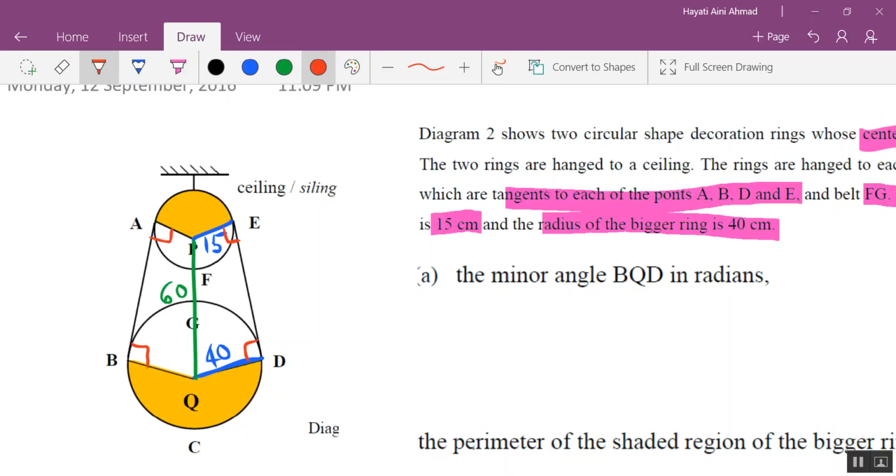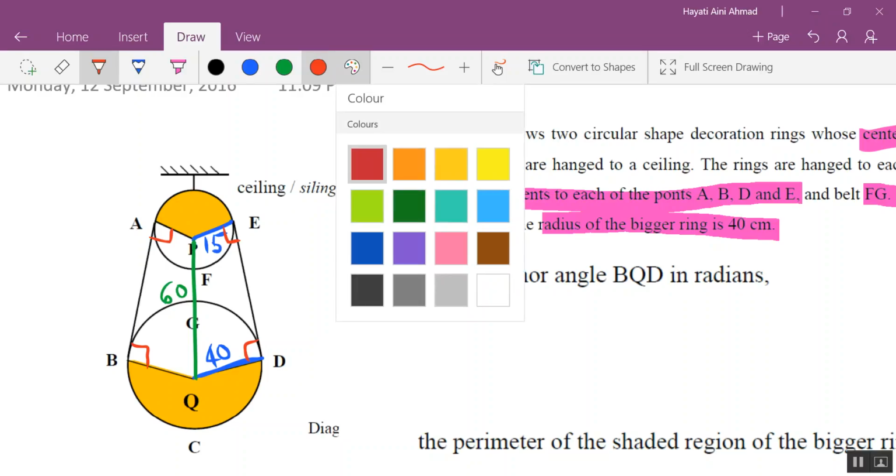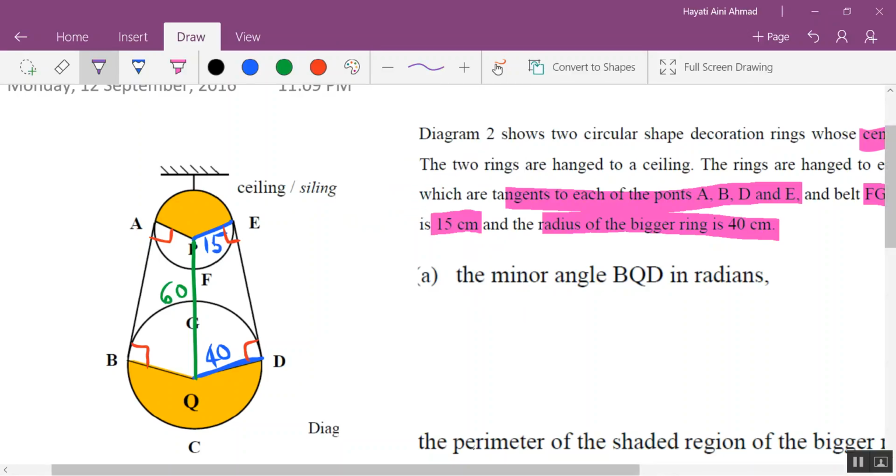So we have to identify this by using purple, that angle BQD minor. So this is the angle. If this is the case, we can find the angle GQD and multiply it twice so that we can get angle BQD.